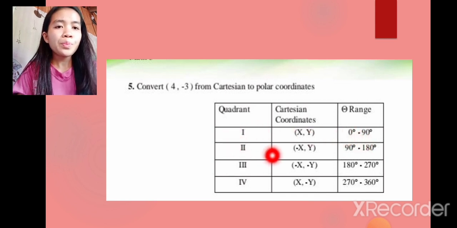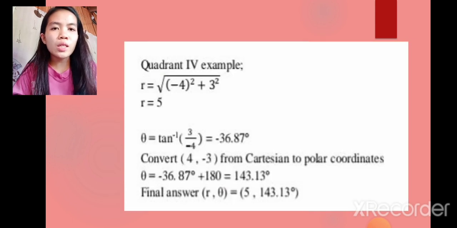In quadrant 2, it's -x and y, and 90 to 180 degrees. In the third quadrant, it's -x and -y, and 180 to 270 degrees. In the fourth quadrant, it's x and -y, and the range is 270 to 360 degrees.